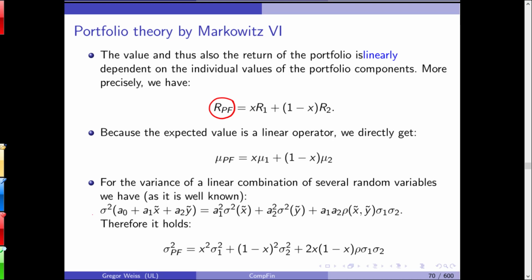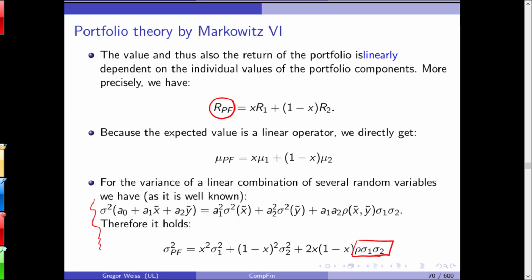And, well, I've already given you this here, and it's no surprise that in this special case, you will have x squared variance 1 plus 1 minus x squared variance 2 plus 2x times 1 minus x times, and now not the covariance, but this here is the covariance, correlation times the product of the two standard errors, the volatilities.